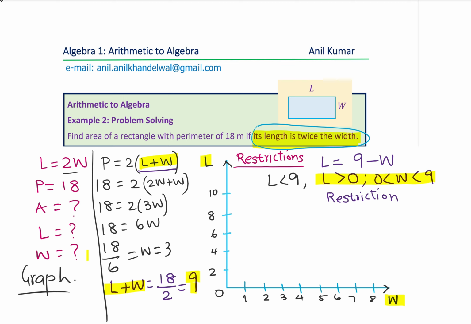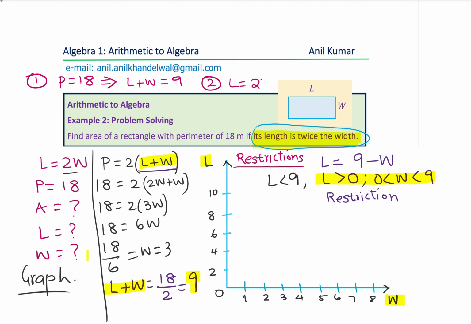So one condition given to us is perimeter equals to 18, and that resulted into sum of length and width as 9, correct? Because twice it was. So that is one equation. And the second equation which we are working on is that length is equals to twice W. Correct.